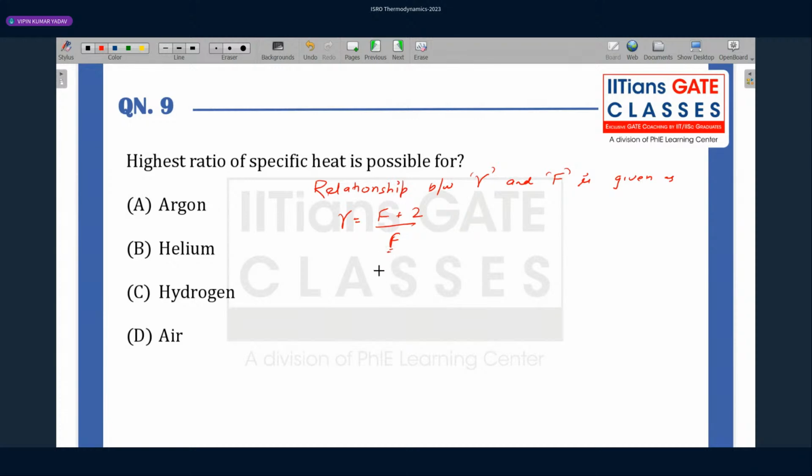And how do you get degree of freedom? F is equal to 3N minus K.